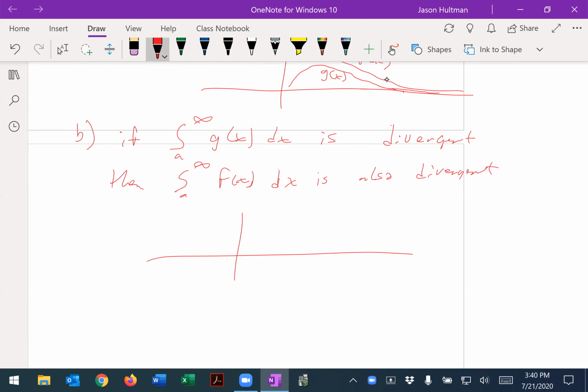Again, the smaller one diverges, which means that if this is g of x and this thing diverges, and it's always smaller than f of x, then f of x must diverge too. You don't ever want to cross the streams. Learned that from Ghostbusters. It always has to be bigger than something that's divergent, so it's going to be divergent. So if you're smaller than something that's convergent, you're going to converge, and if you're bigger than something that's divergent, you're going to diverge. So that's the idea here.